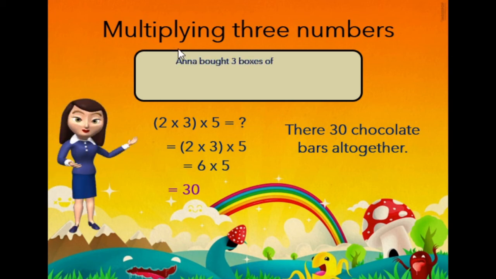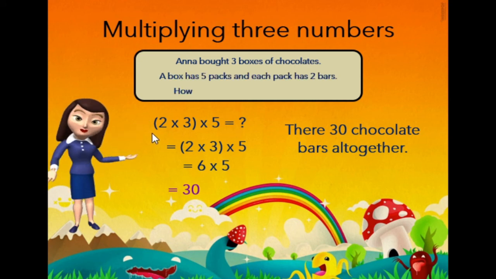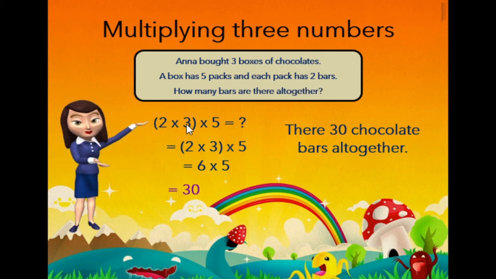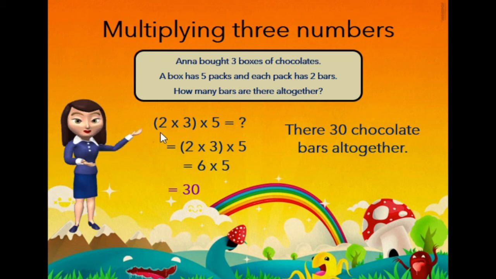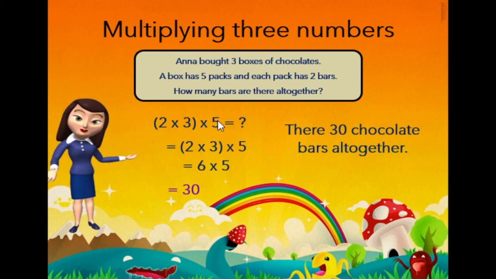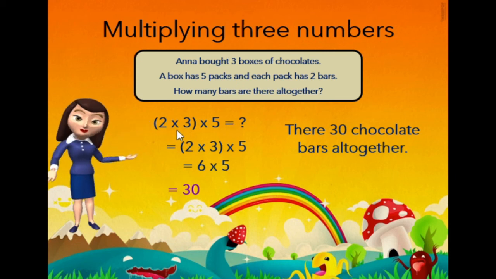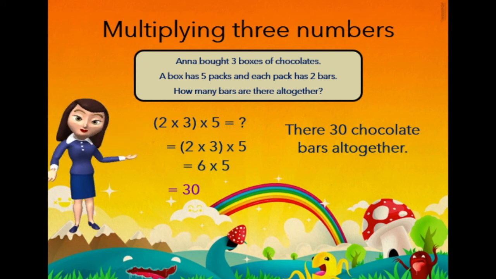So as you can see, this time the numbers inside the bracket are numbers 2 and 3. Now repeat after me. Say 2 times 3 times 5 equals unknown.